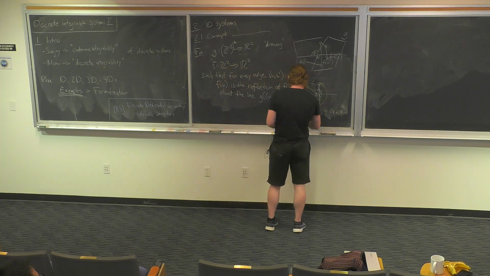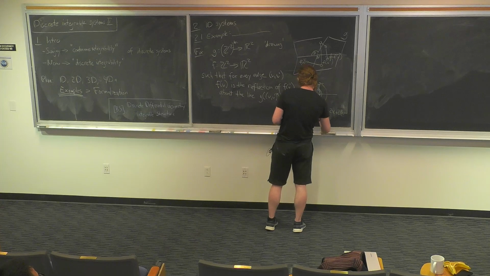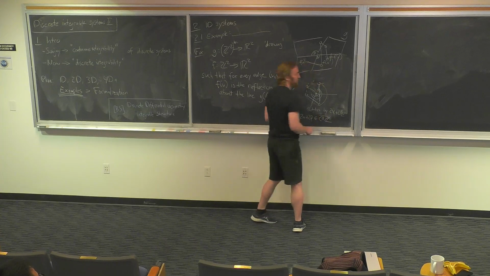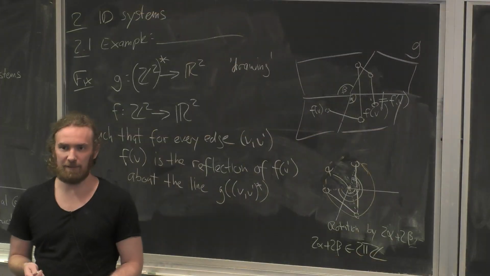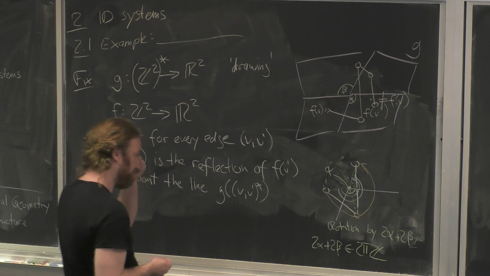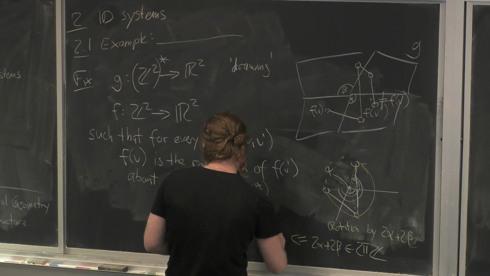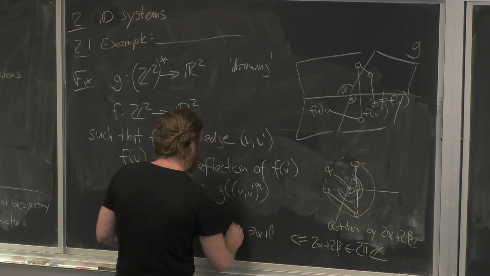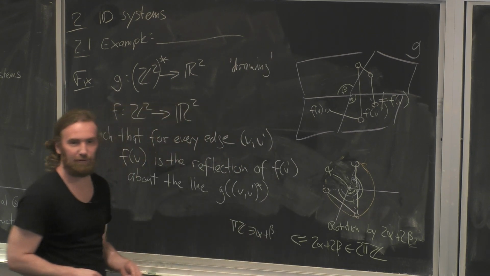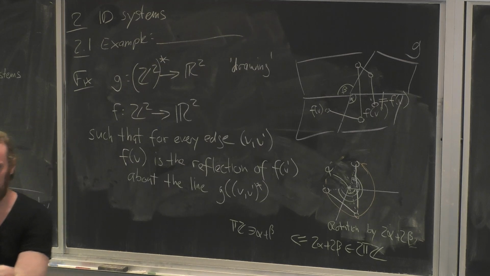The angle should be 2 pi. Could be any multiple, essentially, of 2 pi, which really means alpha plus beta is in pi Z.